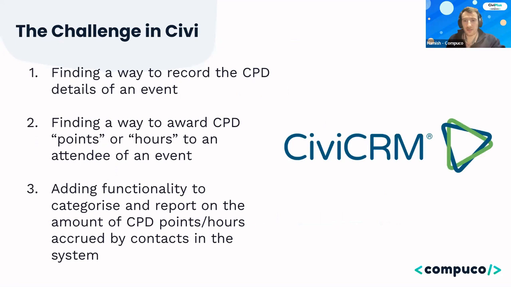So there's the challenge of how we record this in Civi and how we manage it. There's a few different things to consider. Adding those CPD records of each piece of learning that you've done, finding a way to connect them through to events and to assign the CPD as a quality of an event element, adding the actual number of points and hours to your attendance record and to have that connect to your contact.